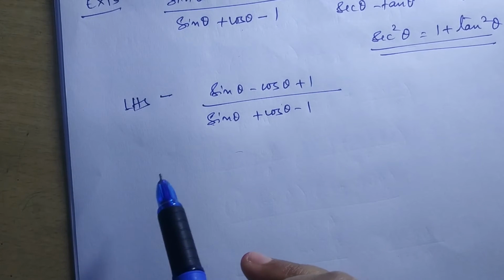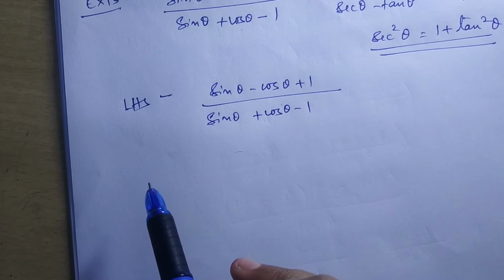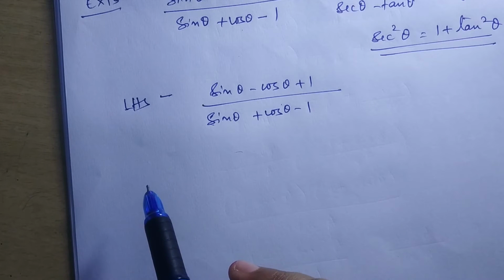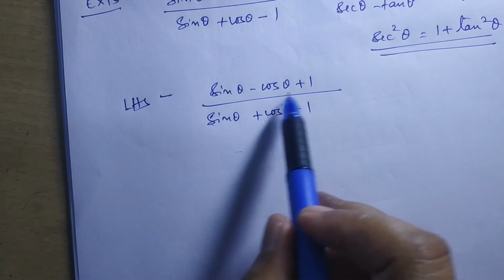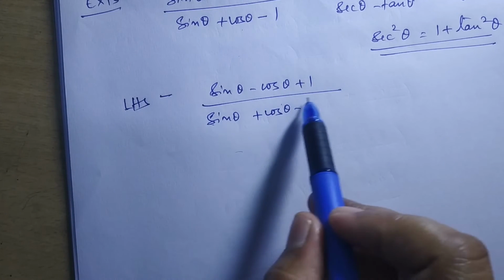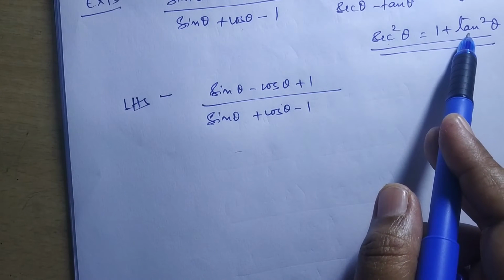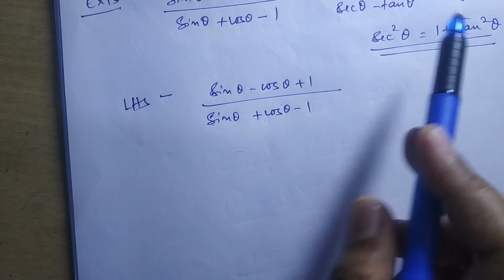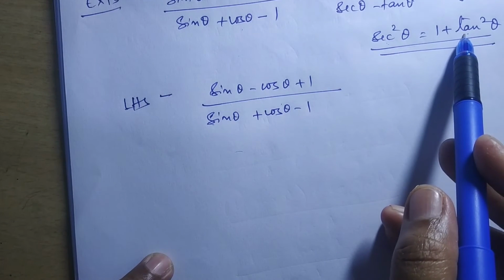Okay, so what will I do now? I will do one thing. I will change this to the form of sec theta and tan theta, because here I don't find any sec theta and tan theta.